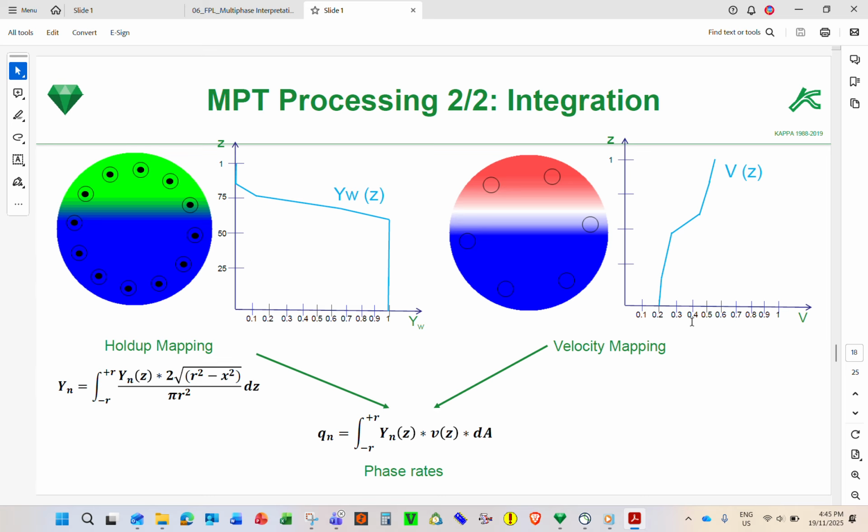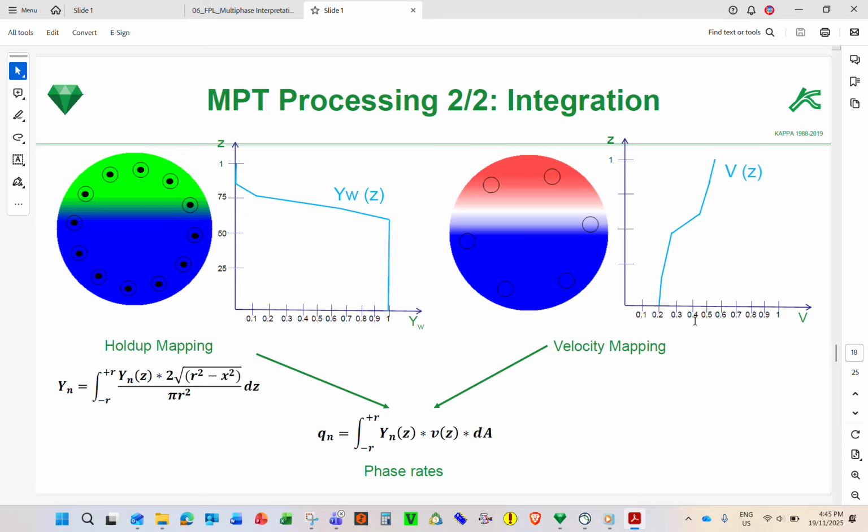So we have this profile. So at the top, oil, you have higher speed. In the water, you have lower speed. And then we combine those two. So you know this segment, the bottom segment holdup, you know the velocity times holdup is the Q on that segment. So you do one by one for each segment, you accumulate, you integrate the Q of the segment.